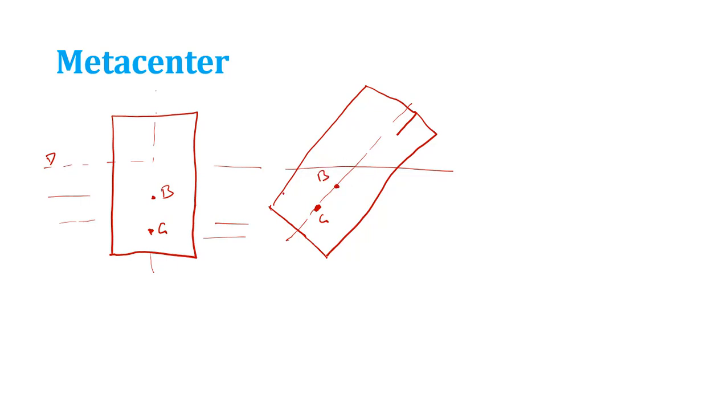Now the centroid of this displaced volume will be shifted and it will be somewhere here, B dash. And if I draw a vertical line from here, it will cut this axis somewhere, right? Joining G and B, it will be called the metacenter. And buoyancy force will act in this direction, FB dash, the new buoyancy force.